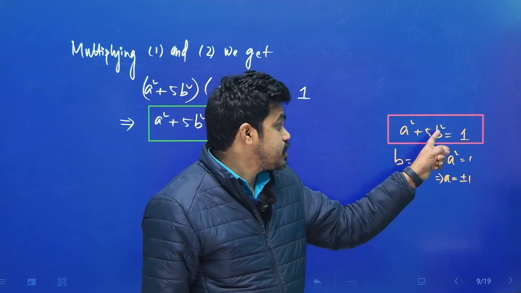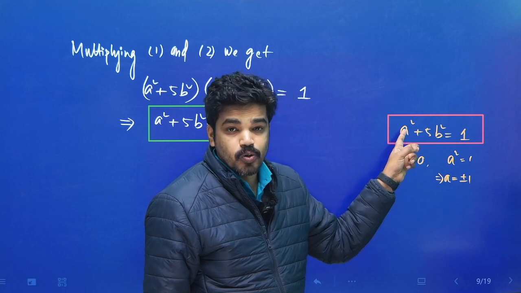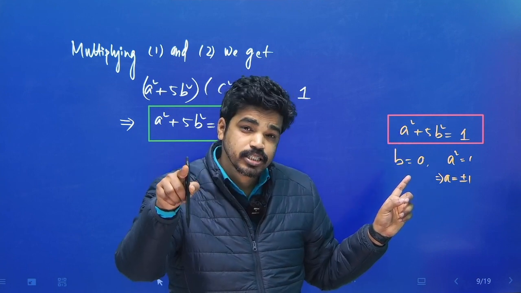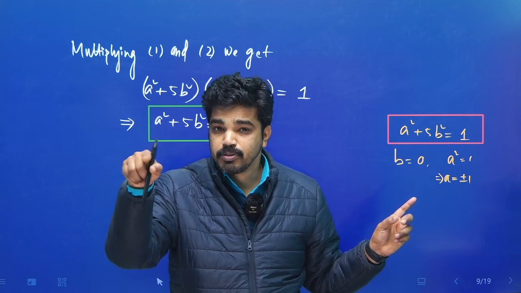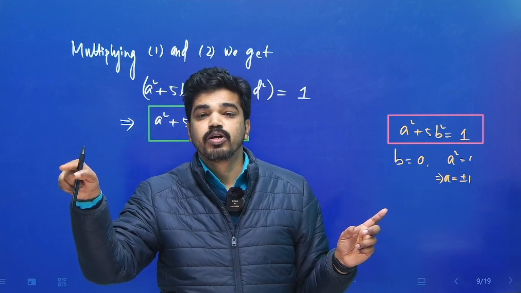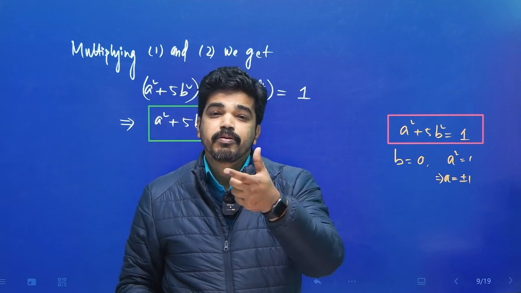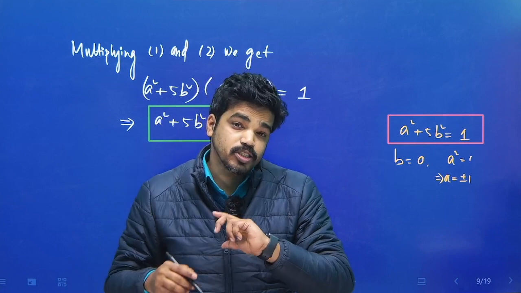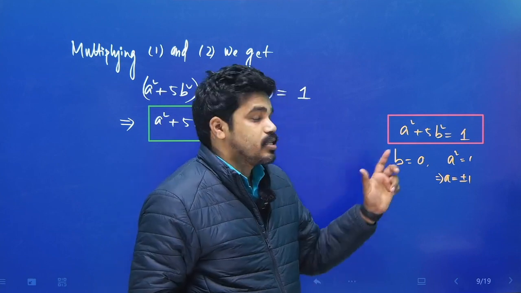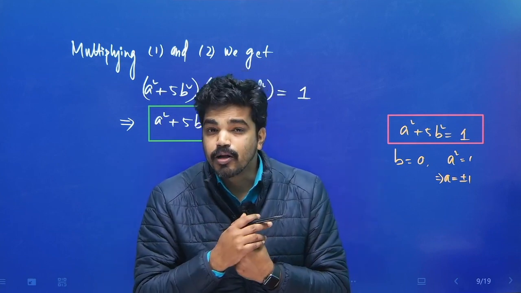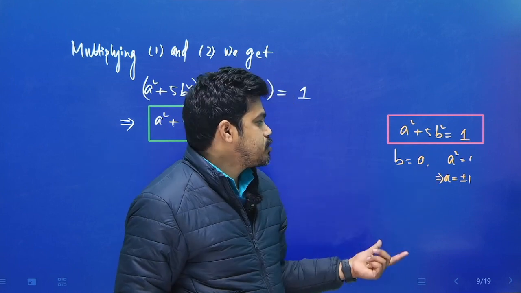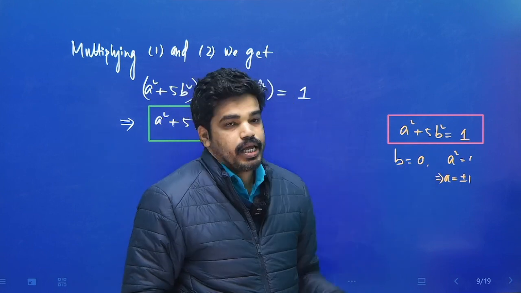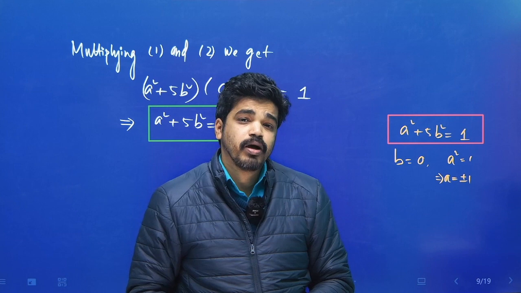But if you choose a equal to 0, you get b square equal to 1 by 5, that means b is plus minus root over 1 by 5, and since a and b are integers, 1 by root 5 does not belong to Z. So we cannot choose that. So the only possibility is b equal to 0 and a equal to plus minus 1.